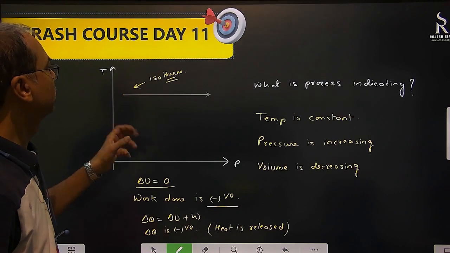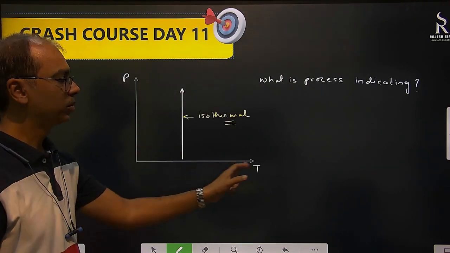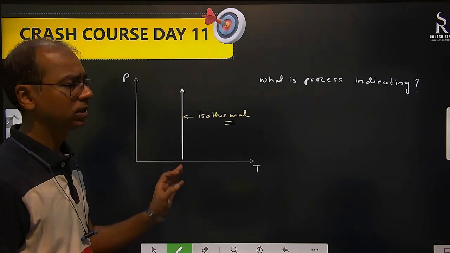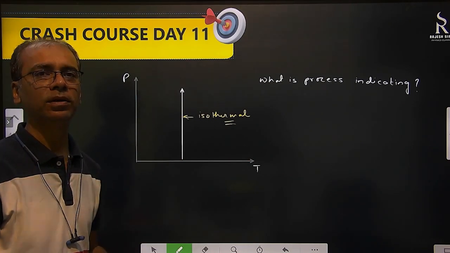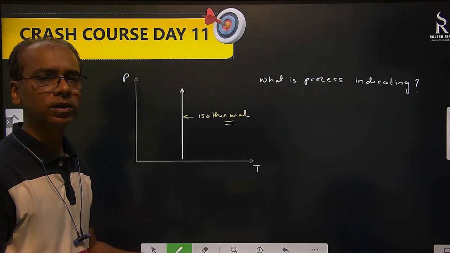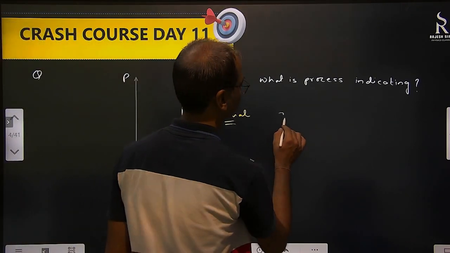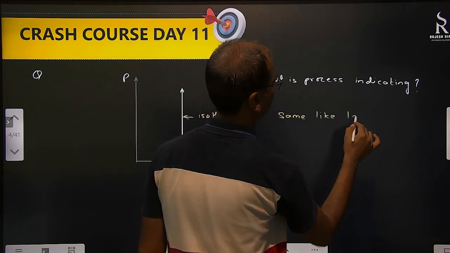Pressure was increasing, temperature was constant. Here also, pressure is increasing, temperature is constant. So it's the same thing. Pressure increasing, volume decreasing, compression, work done negative, delta U 0 and delta Q is negative. That means Q is released. So same question, same like last one.